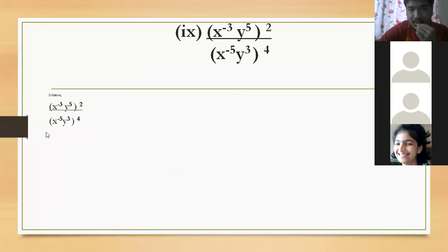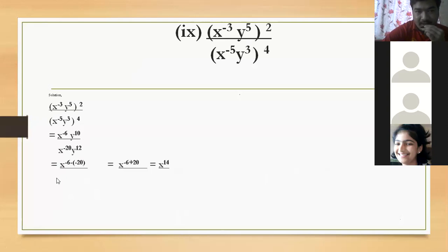Look here. Here also we have to open the bracket first. Remove the bracket first. Then it will be like this. Power and whole power will be multiplied. And when negative one, look here, it goes up. It will be plus. Minus into minus is plus. Now minus 6 plus 20 means x to the power 14. And down, why have I taken this 10 down?